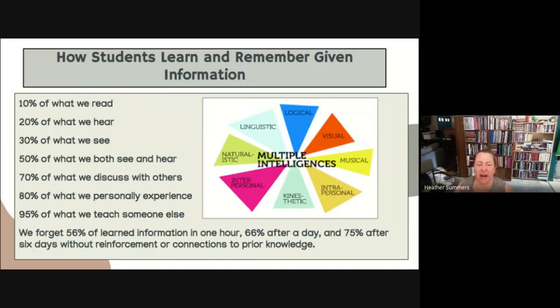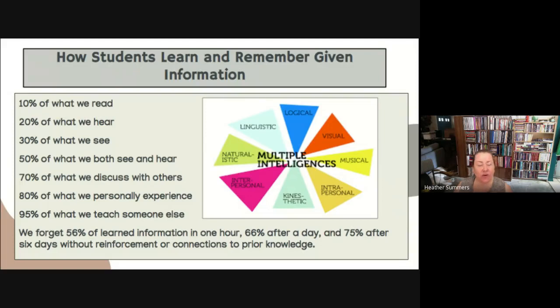So for this slide, I just wanted to spend a moment to remind teachers, all of the new teachers, that there is a hierarchy for how information is learned and remembered. So we only process and retain 10% of what we read, 30% of what we see, 70% of what we discuss with others, and 95% of stuff that we teach to someone else.